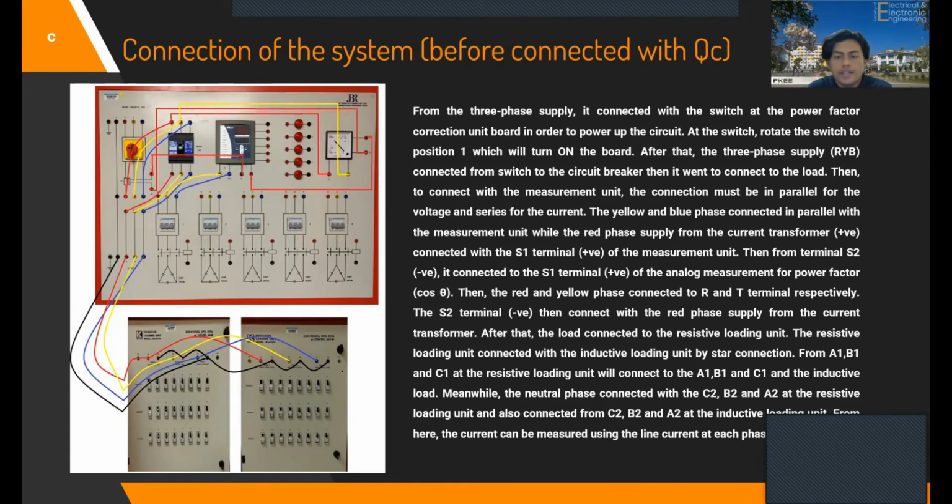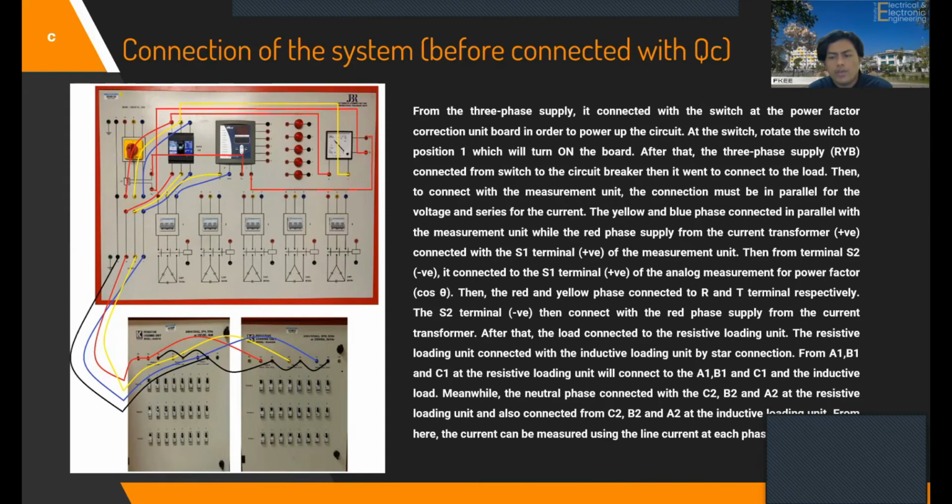Then the red and yellow phase are connected to the R and T terminal respectively. The S2 terminal, which is the negative terminal, is then connected with the red phase supply from the current transformer. After that, the load is connected to the resistive loading unit. The resistive loading unit is connected with the inductive loading unit by the star connection.